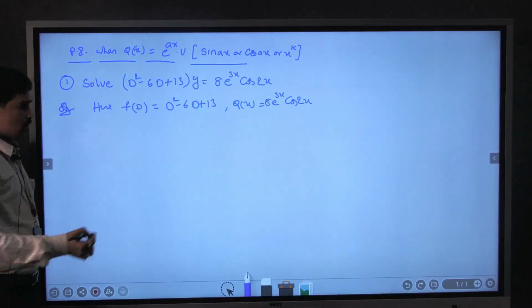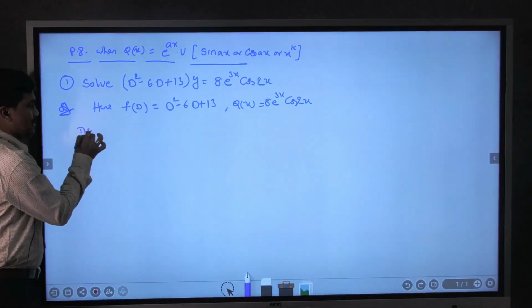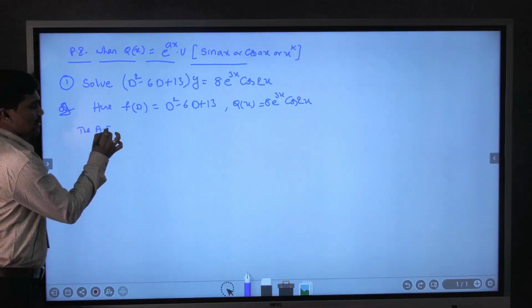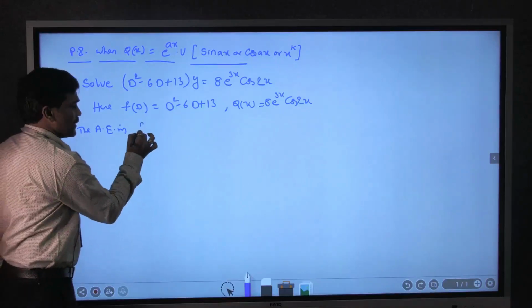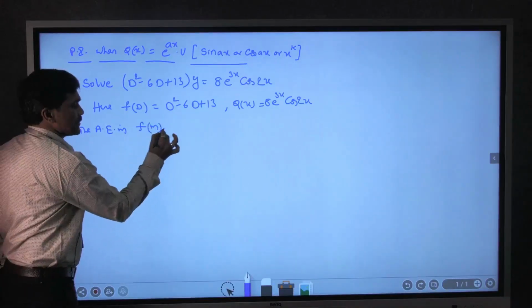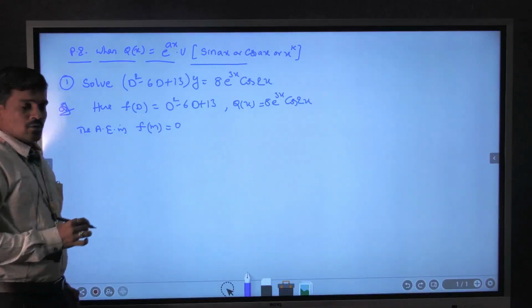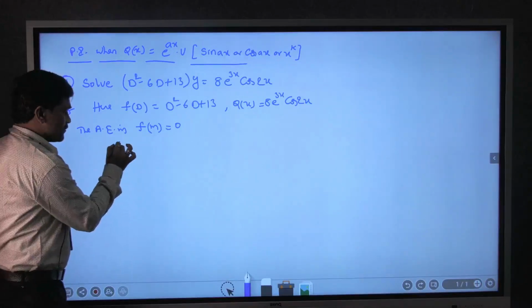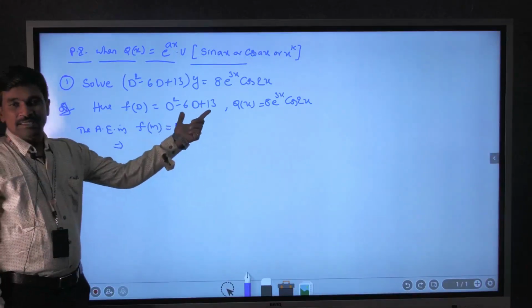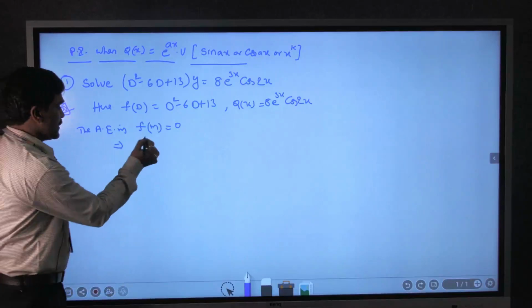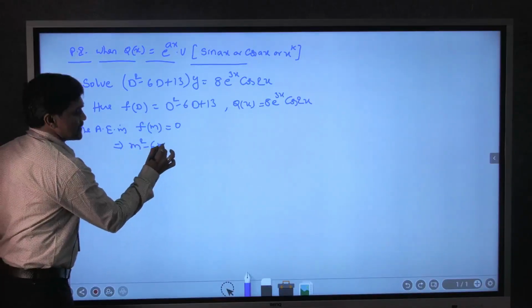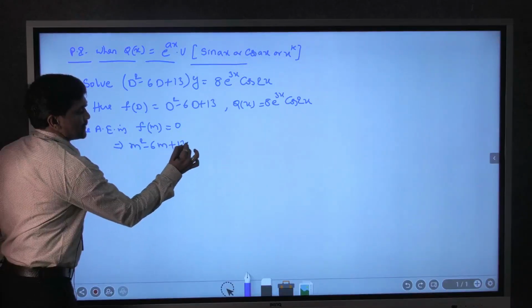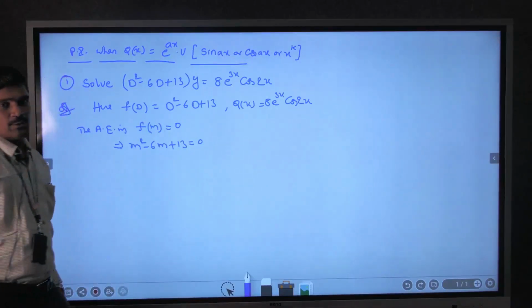Now to find complementary function, first of all write the auxiliary equation. So the auxiliary equation is f of m is equal to 0. Replace D with m in f of D. Here we get m square minus 6m plus 13 is equal to 0.